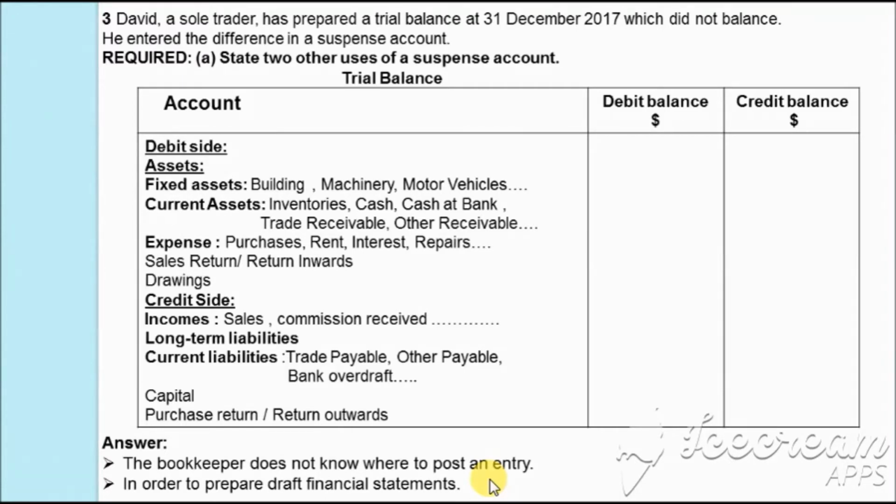During that time the ledgers may not have been closed, and as the ledgers are not closed, the balances may not be accurate, so the debit and credit balances may show some difference. So for the purpose of making the draft financial statements, we can post the difference in the suspense account and proceed further. Later on, this can be corrected when the annual financial statements are made. So these are the different uses of the suspense account.